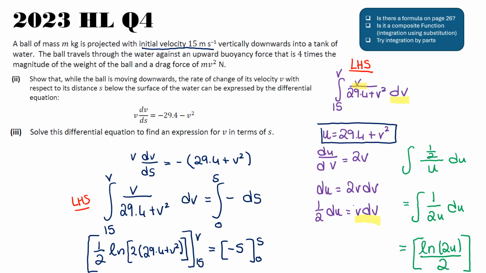Now, if you pull the half out in front over here, you get a slightly different answer. So you will end up with a half natural log of u, and you might feel, well, that's completely different. However, because of how we evaluated, you will end up with the exact same answer if you pull that half out in front and you've just got a half ln u for this part here.